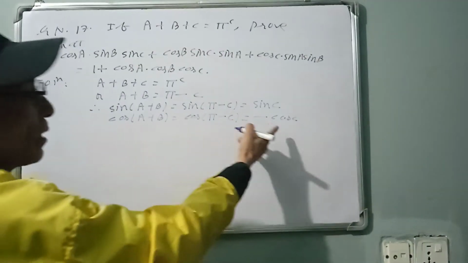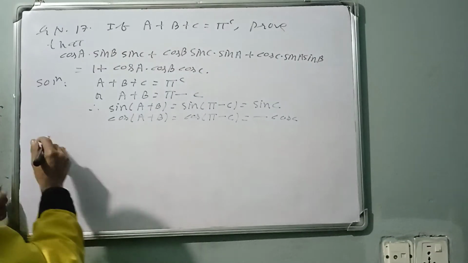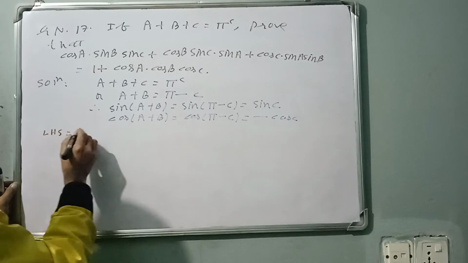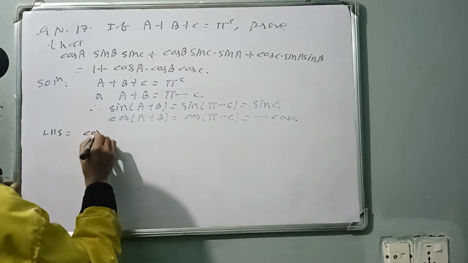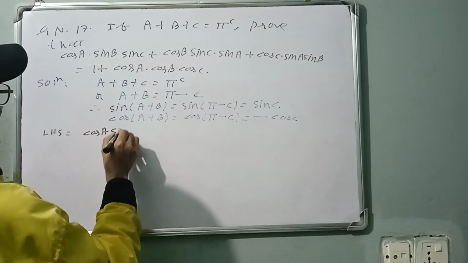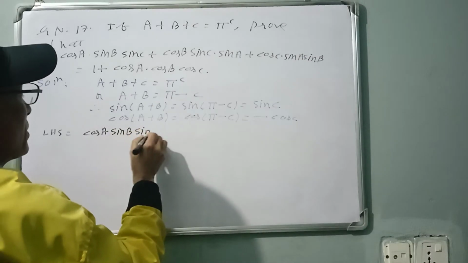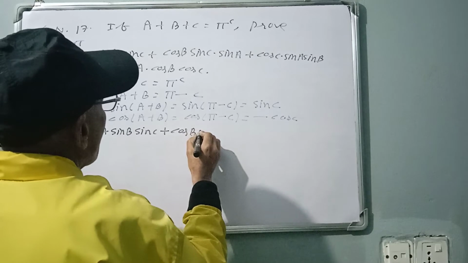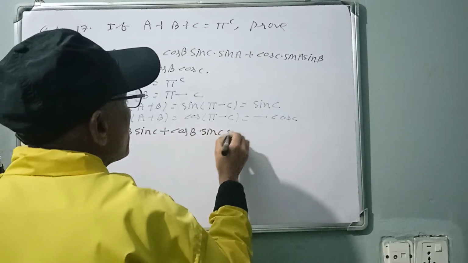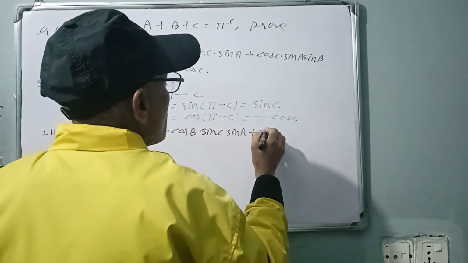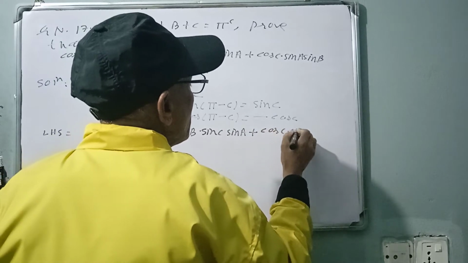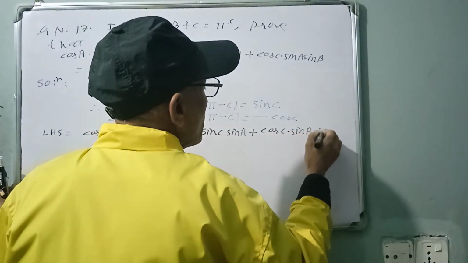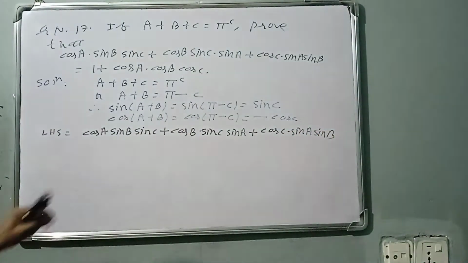If there is plus, there is minus. Now the left hand side is cos A sin B sin C plus cos B sin C sin A plus cos C sin A sin B. What to do?